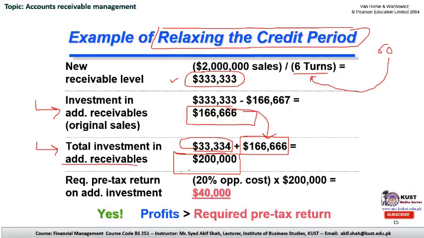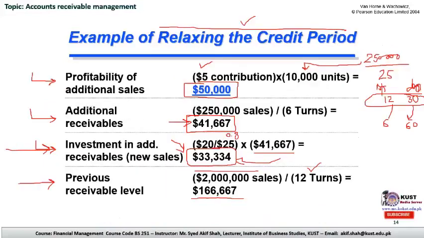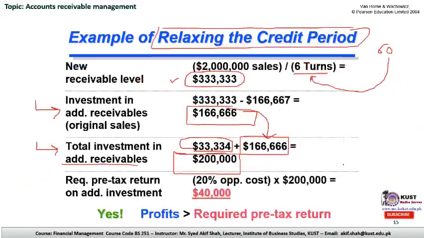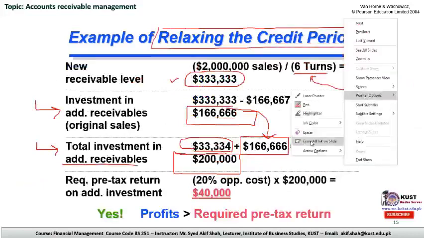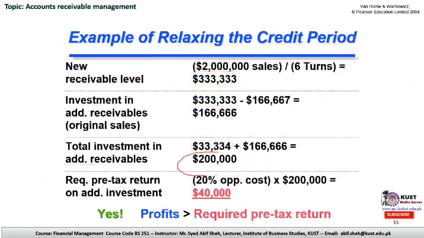As we have calculated the profitability in our very first step, let's move back. Because of this relaxation or change in the credit period, the additional profitability to the company was $50,000, and the additional funds tied up because of relaxing this credit period is $200,000. The final step is to calculate the required pre-tax return on additional investment.